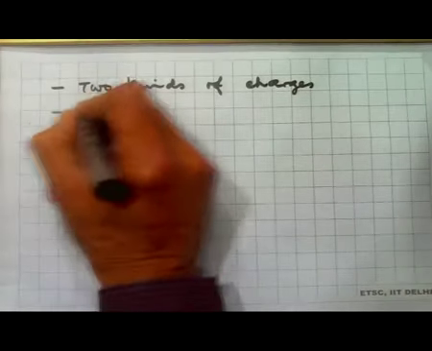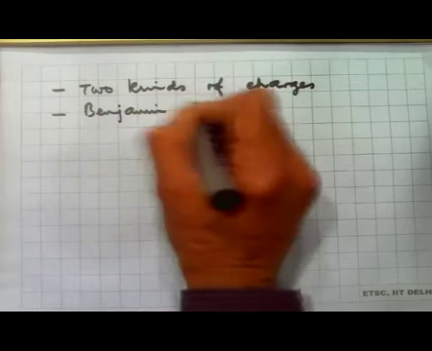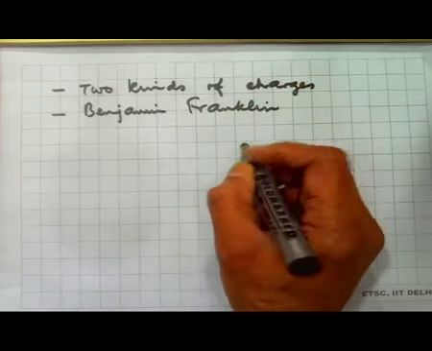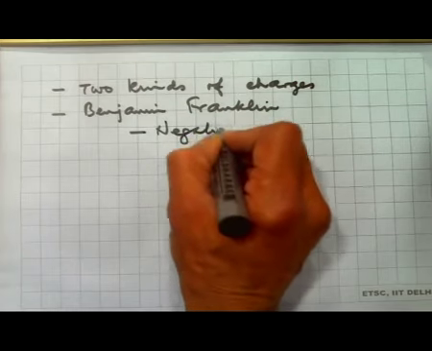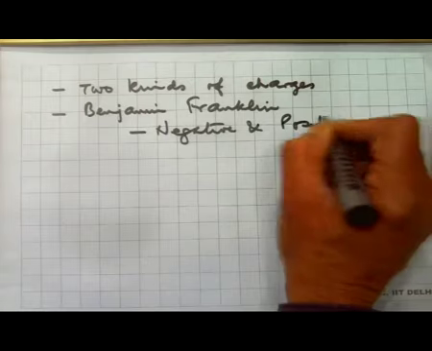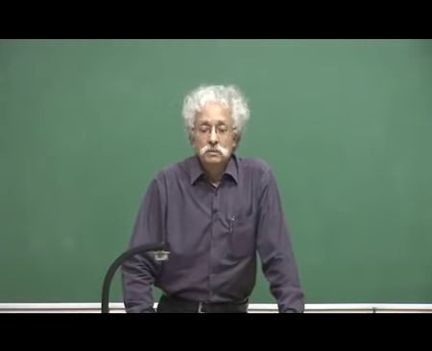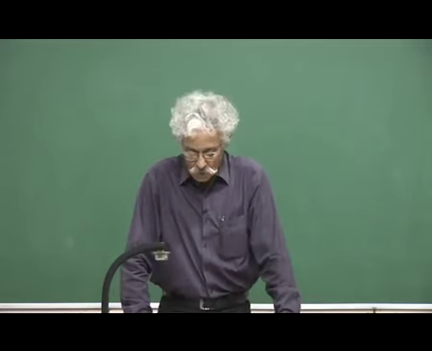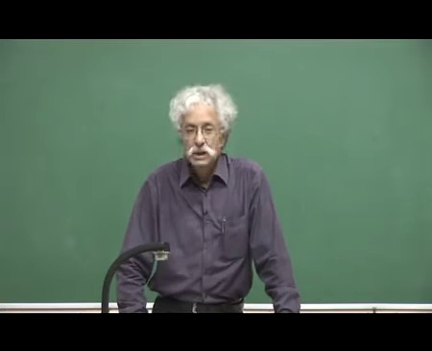Benjamin Franklin called them by the name negative and positive. In fact, he could have given any pair of names to these charges, but he called them negative and positive. And we must remember, in the negative charge there is nothing negative about it, it is just a nomenclature.